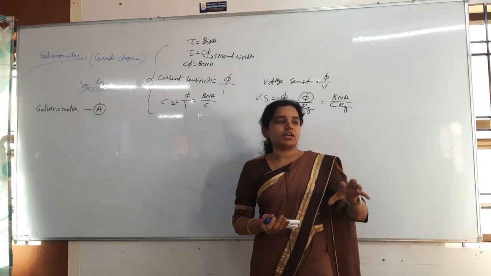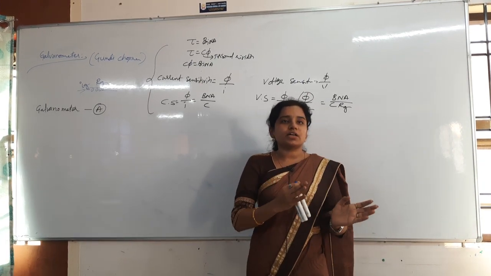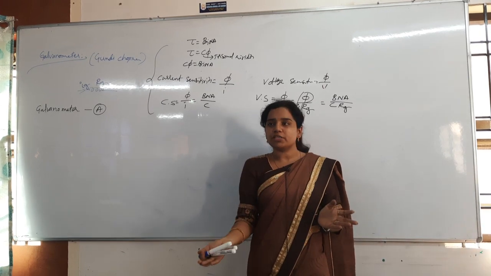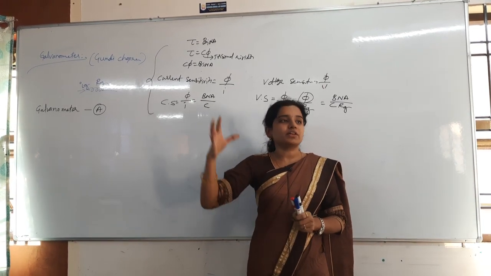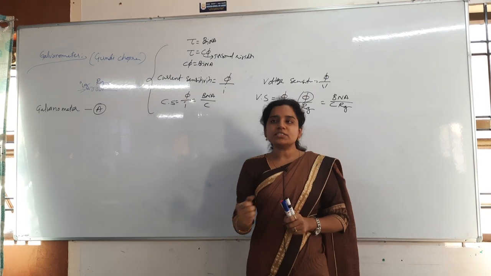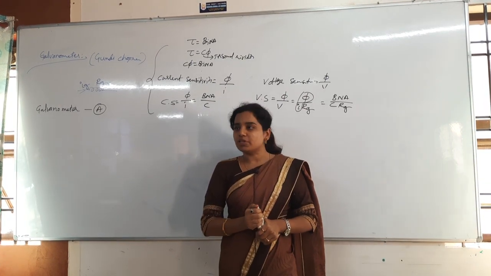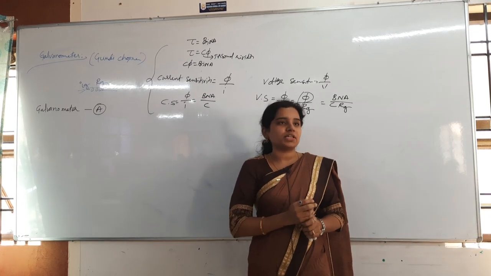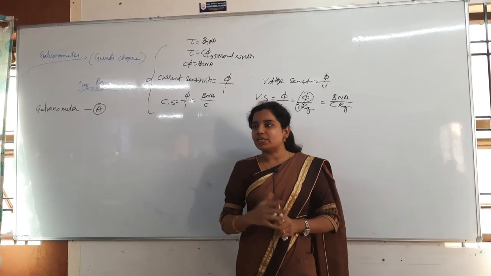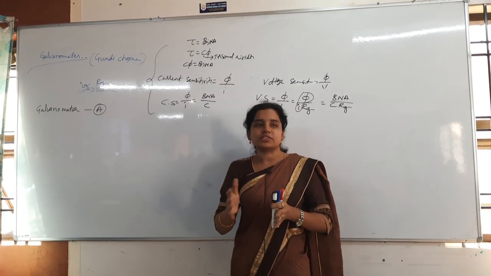So whenever you convert the galvanometer into an ammeter, you have to decrease the resistance. To decrease the resistance, how should the resistor be connected? Parallel combination. Obviously in a parallel combination, R will become R by N, so it gets decreased.